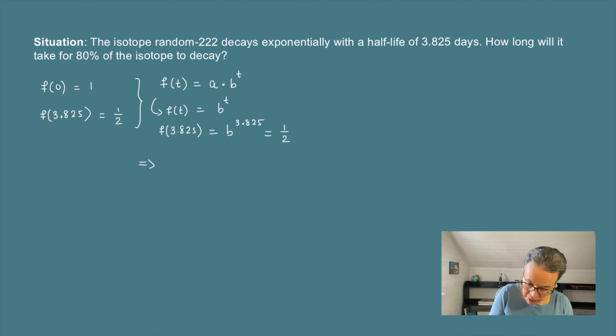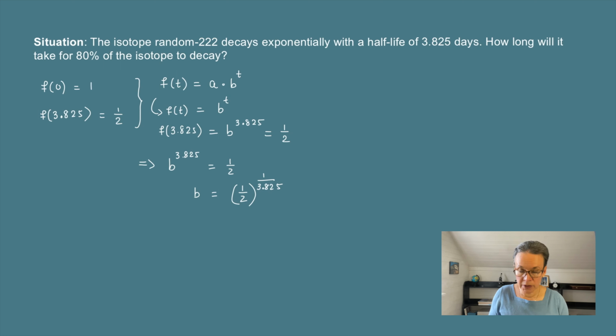So then I can now solve for b. b to the 3.825 is just equal to 1/2, and I can isolate b by considering b equals 1/2 to the 1 over 3.825, just using properties of exponents. And now that I have b, I have the model. The model is 1/2 to the 1 over 3.825.